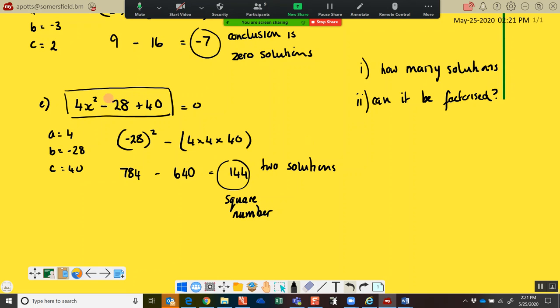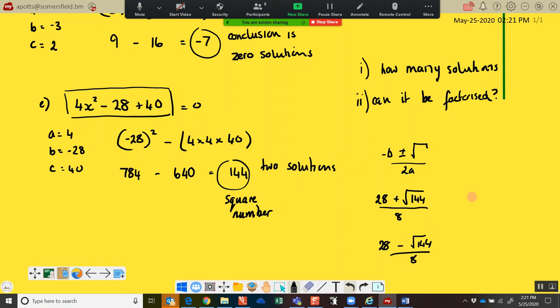Because if we were to look at the whole formula, the minus b plus or minus the determinant bit divided by 2a, we would now have 28 plus the square root of 144 divided by 8, or we would have 28 minus the square root of 144 over 8.